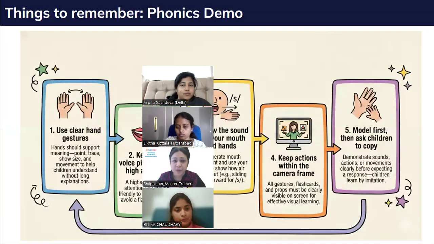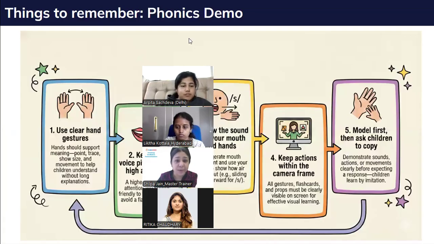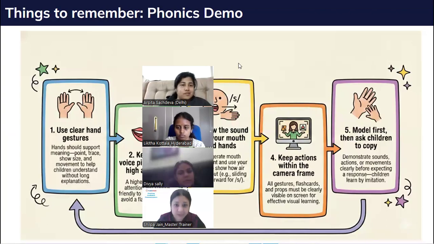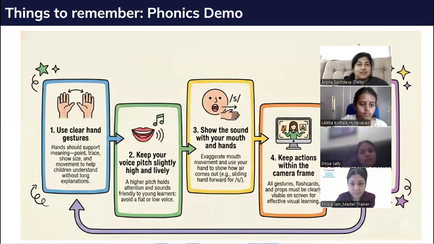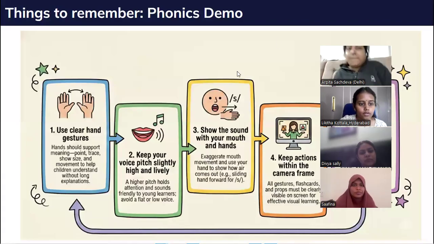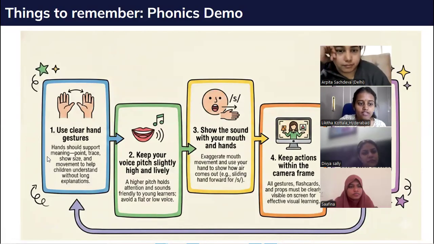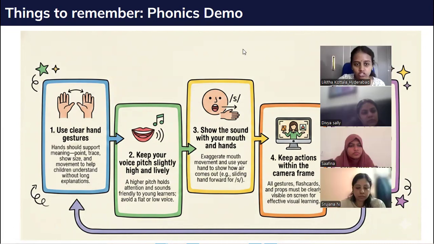Okay. Moving forward. Very, very important things to remember when you are conducting a phonic demo. Ritika, I want you to read it. Use clear hand gestures. Hands should support meaning: point, trace, show size, and movement to help children understand without long explanations.